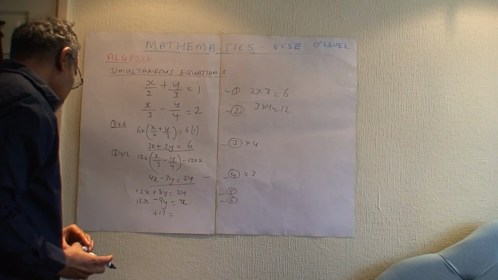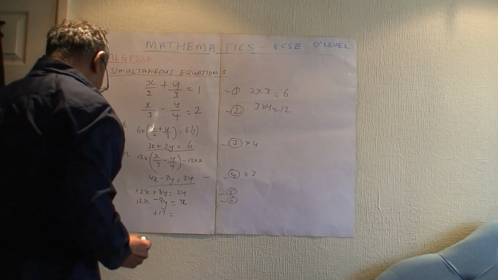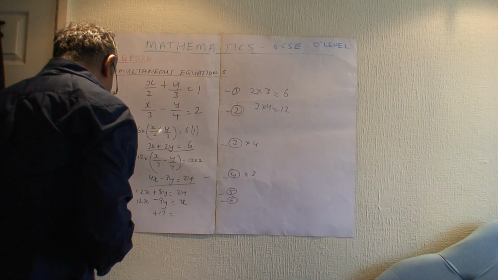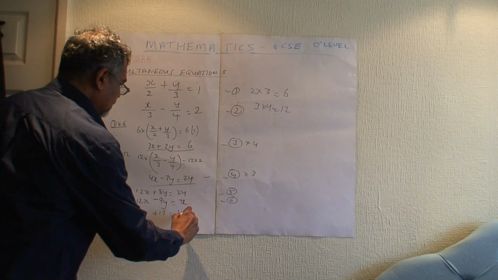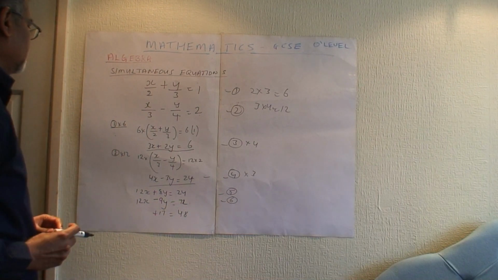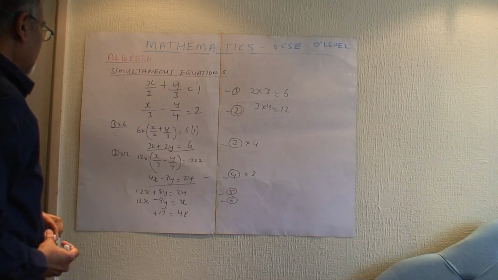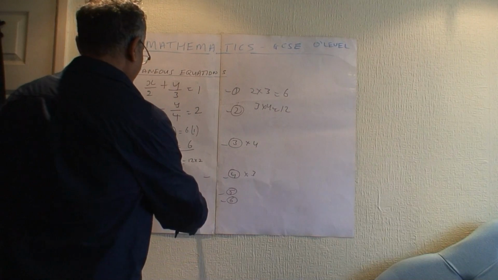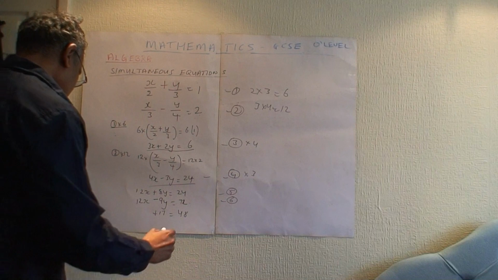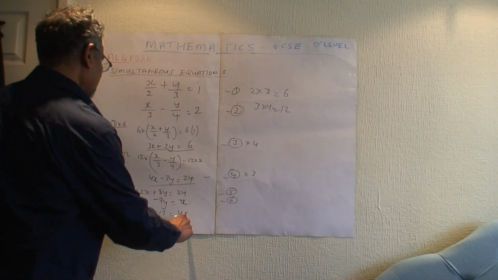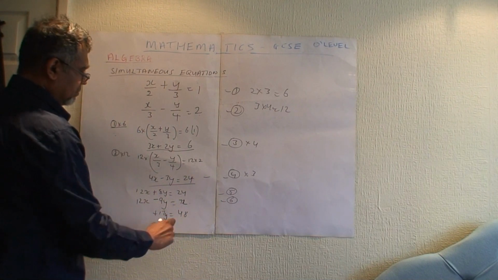So we have 24 and 72. And we're going to minus, this becomes 48, because you're minusing 6 from 5, and it becomes 48. So that's 17y, sorry, 17y.